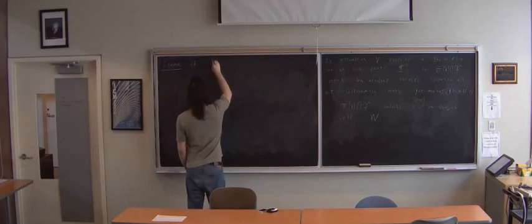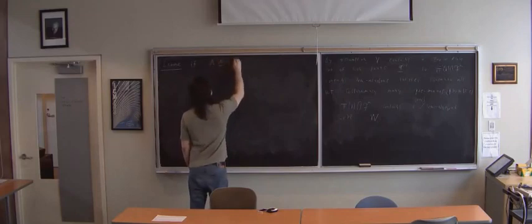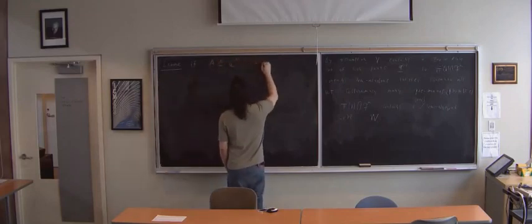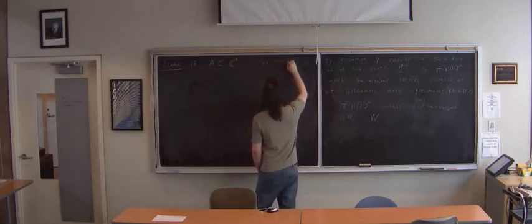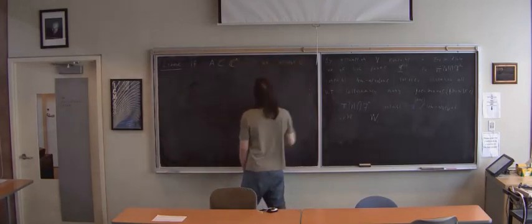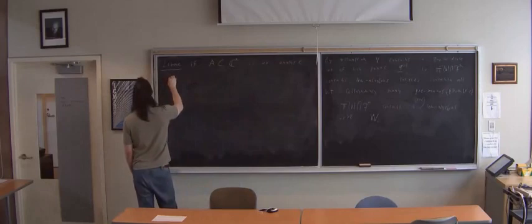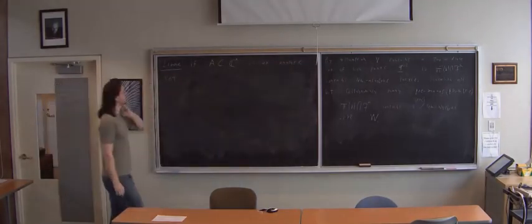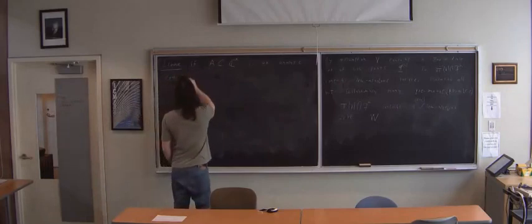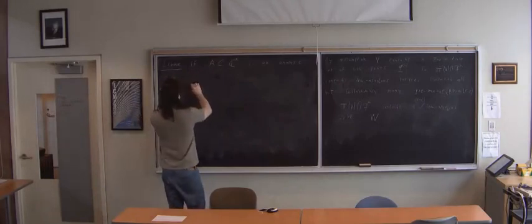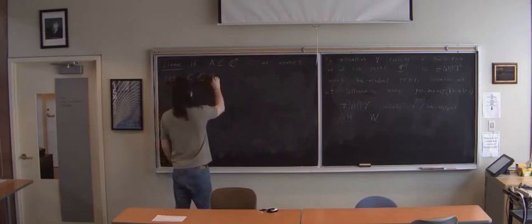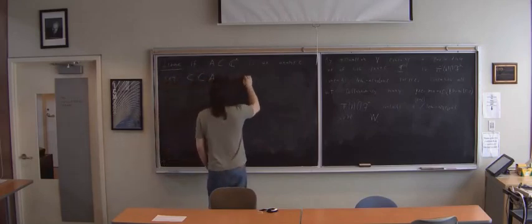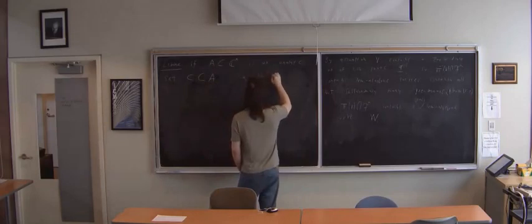Let's say A in C to the N is an analytic set defined by vanishing of holomorphic functions everywhere, and C in A is a real semi-algebraic curve.